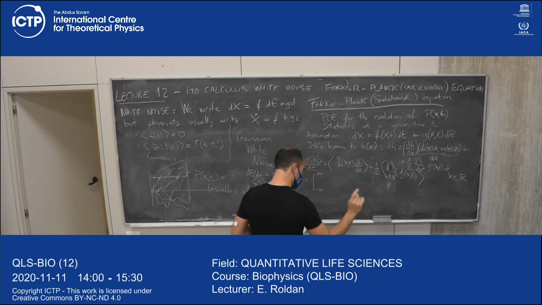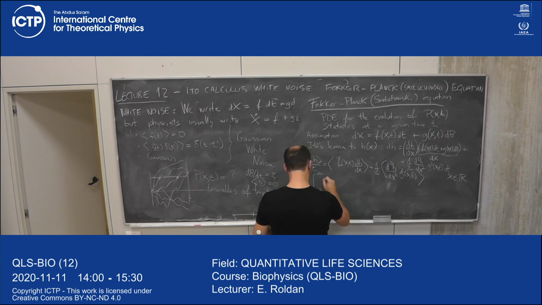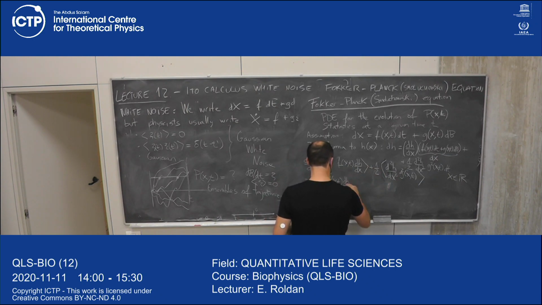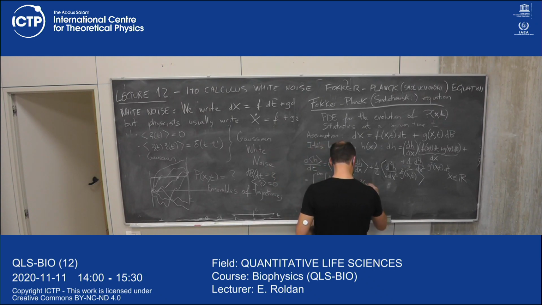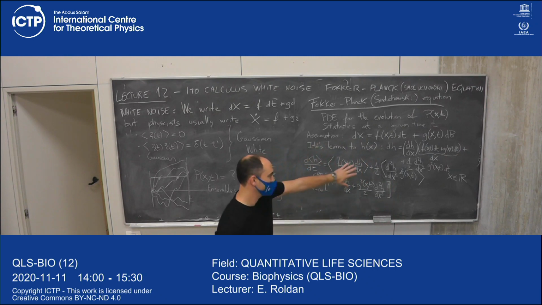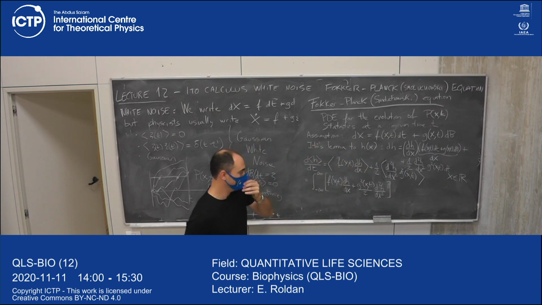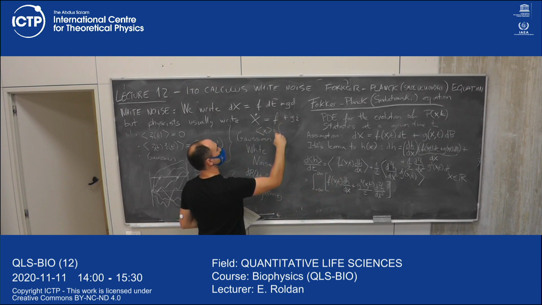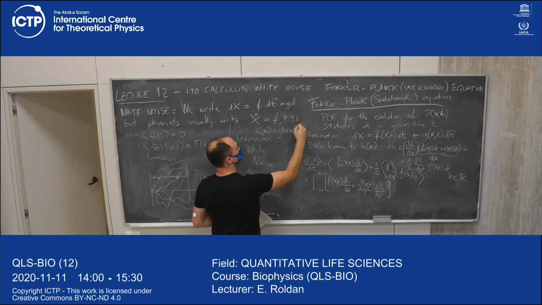There will be a dx, of all this, which is f xt dh dx plus the second derivative of h times g squared xt. And now, okay, I'm averaging. What does this average mean? It means that I am averaging with a probability distribution, right? When I average, for example, x, this is the integral of dx x p(x).